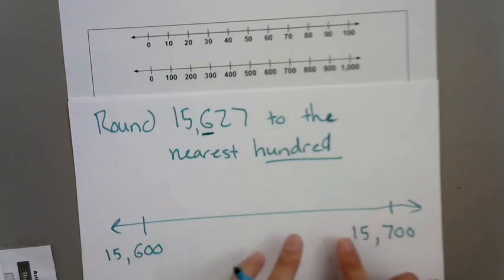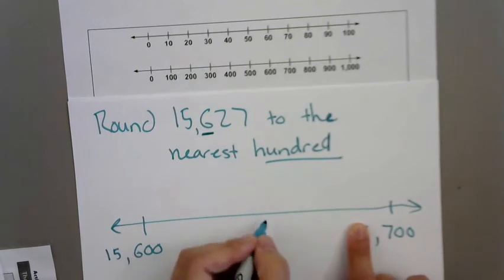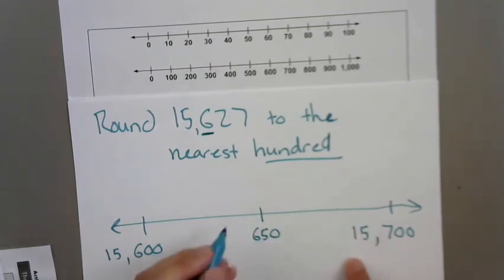What would be halfway between these? Well, we've got a gap of 100 between here, so what's 1/2 of 100 is 50, right? So right in between 600 and 700 would be 650, but again, this is 15,650.